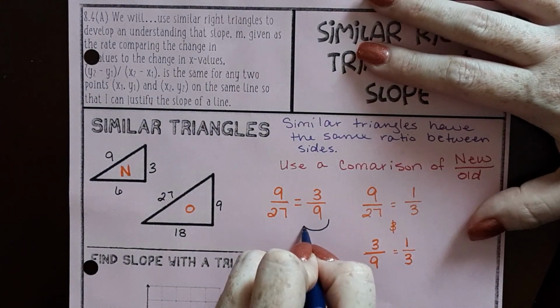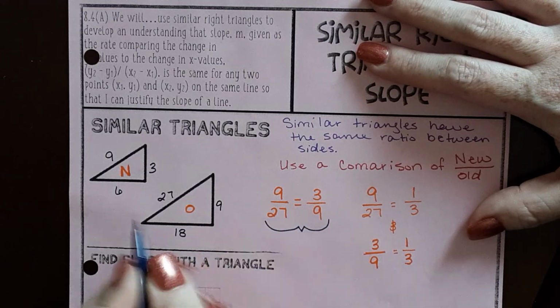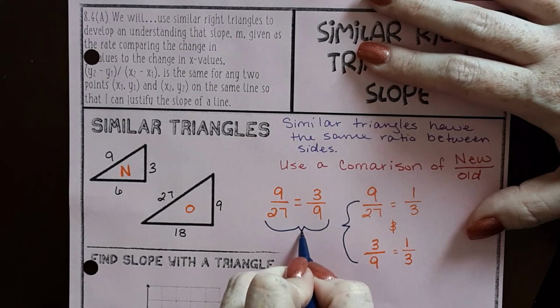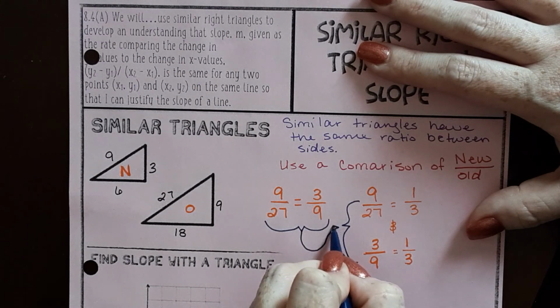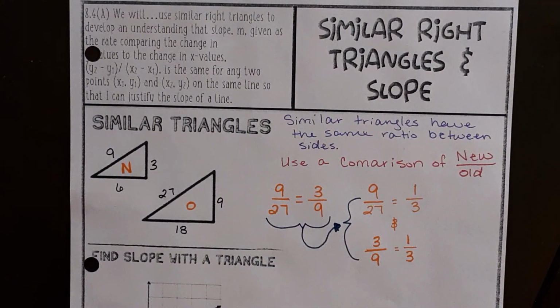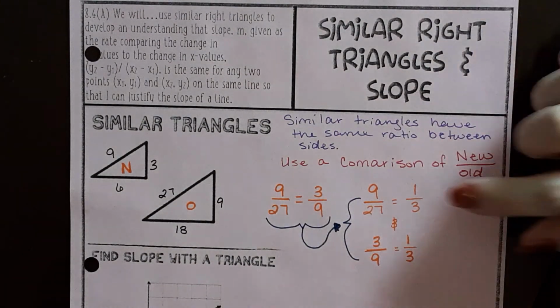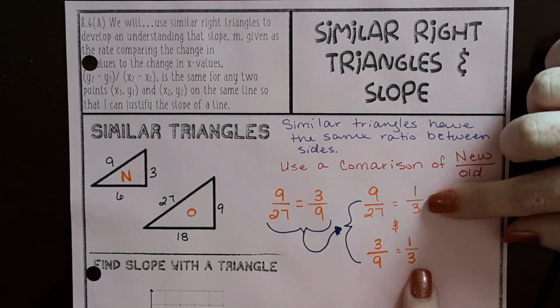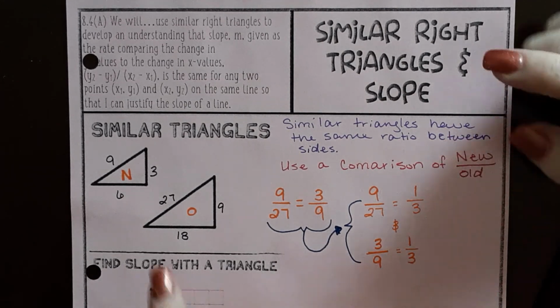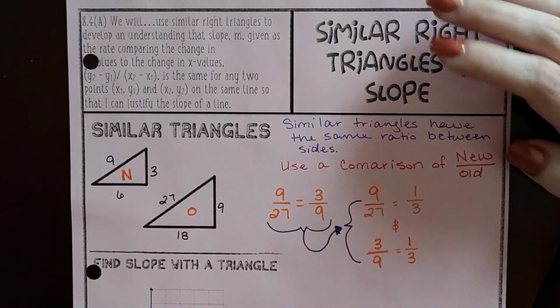So I just took these two fractions and reduced them over here. I didn't change anything. I just changed the way I was looking at them. And because they both come out to the same ratio inside, 1/3 and 1/3, these triangles are similar triangles.